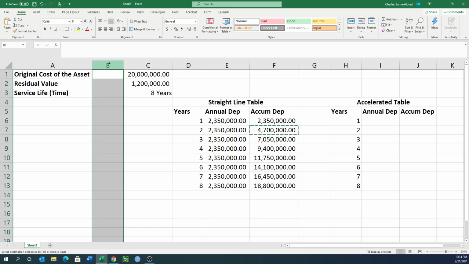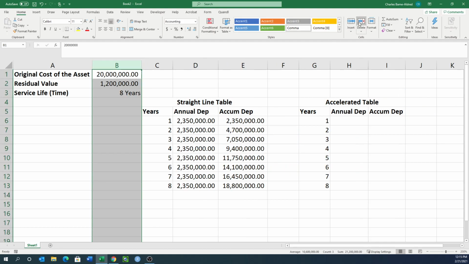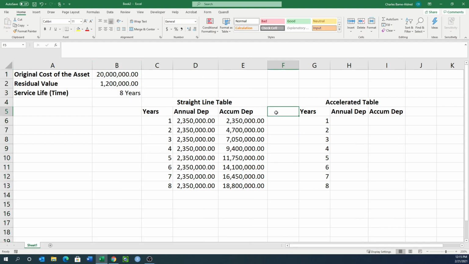I'm going to just delete this column here because I'm running out of room. But I wanted to figure out what the book value is. The book value is going to be equal to my original cost of the asset, and I want to put a dollar sign there, minus the accumulated depreciation each year.